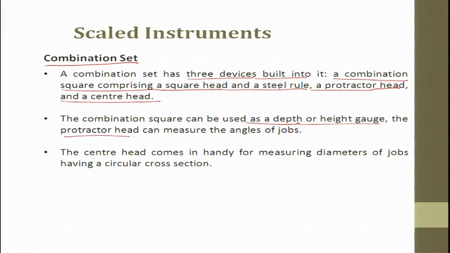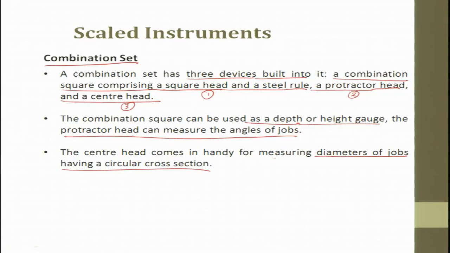The protractor head can be used as an angle gauge to measure the angle of the job. The center head comes in handy for measuring the diameter of a job having a circular cross section. So, is it clear? Here is one square, protractor and then center head.